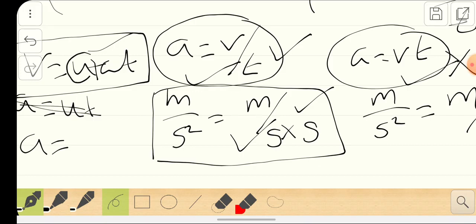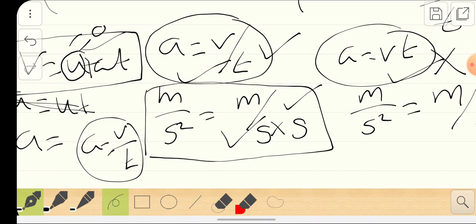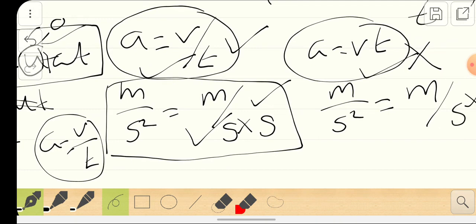If u is equal to 0 here, we can write down that a is equal to v by t. That's a typical case of this equation, one of the equations of motion, we'll discuss that later. But this could be a real equation, but the other is not a real equation. That's straightforward from dimensional analysis.